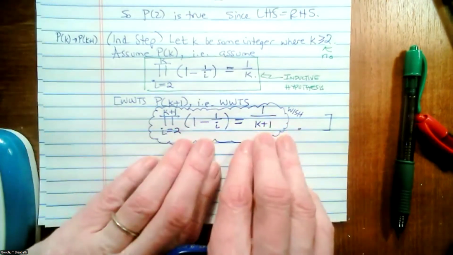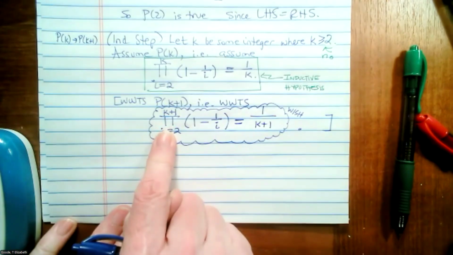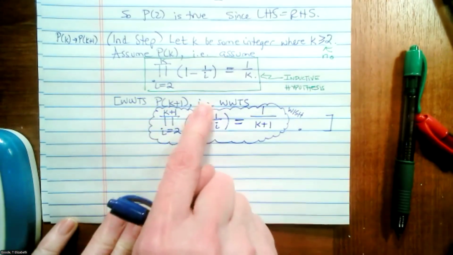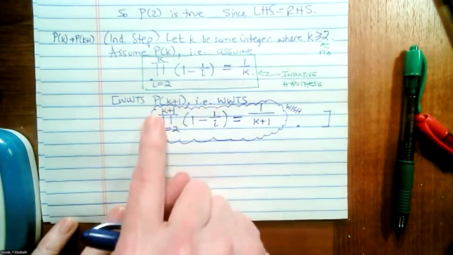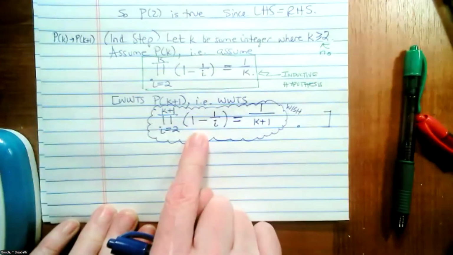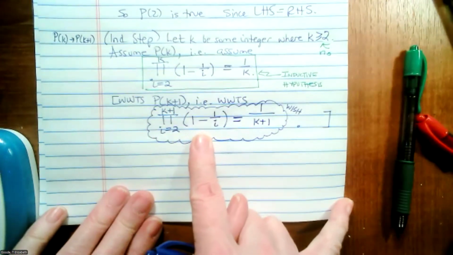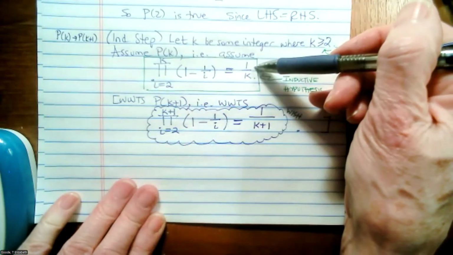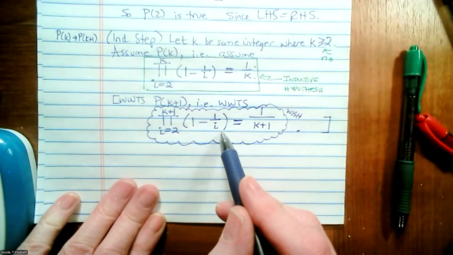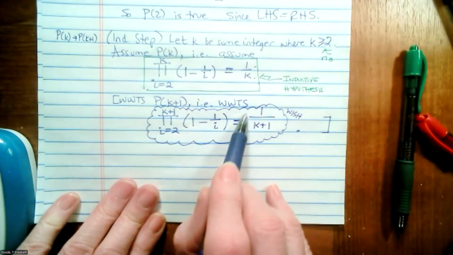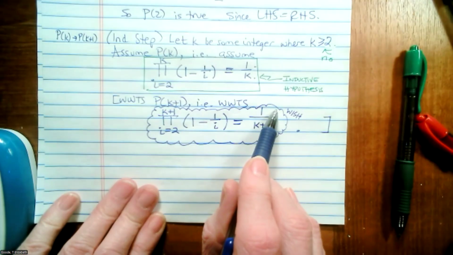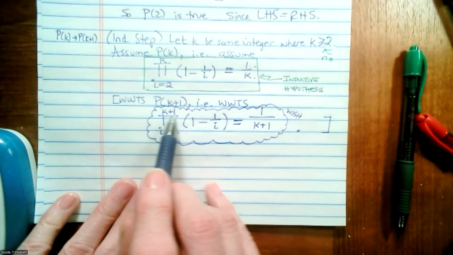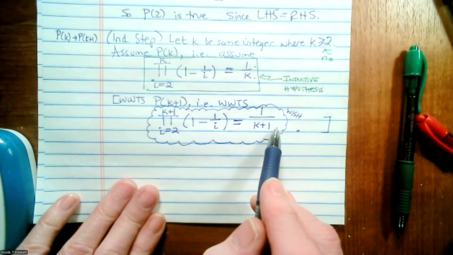Since it's an equation, a formula involving a big product, we're going to start with the left-hand side of P of K plus 1, and work on it using legal algebra, things we may assume without proof, using our inductive hypothesis, some more algebra, and turn it into the right-hand side. Start with the left-hand side and show it's actually equal to the right-hand side.